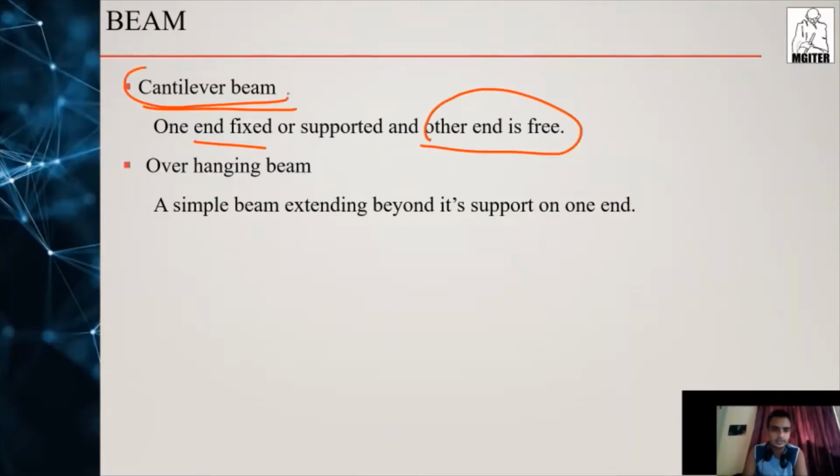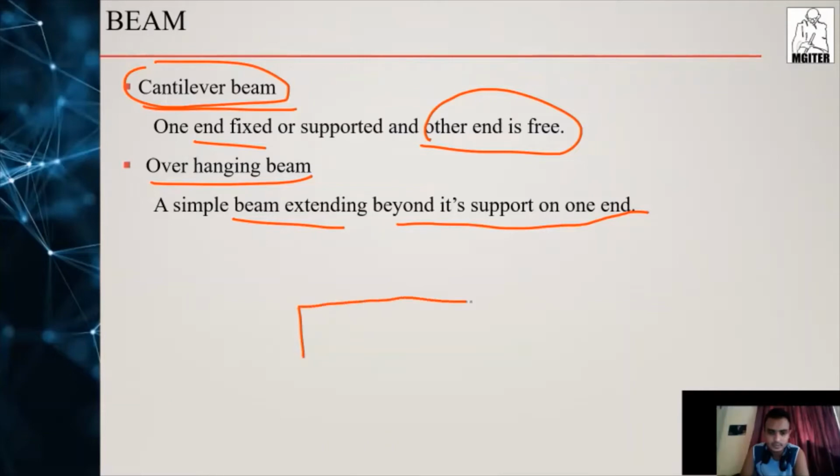Next is the overhanging beam, where the beam extends beyond its support on one end. You can see here is your beam, here is one support, here is the second support, and this is the extension portion. This type of beam we call an overhanging beam.